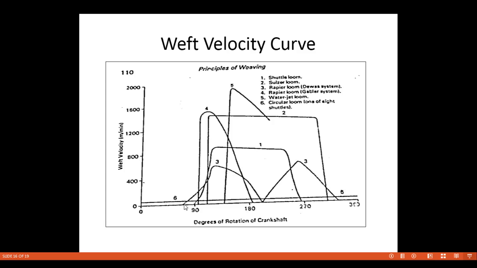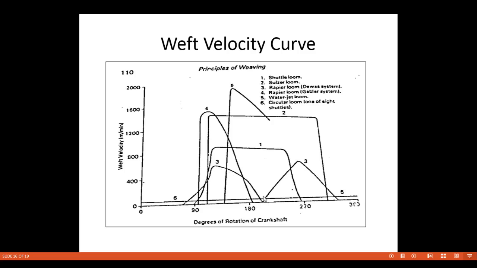As the weft is gripped here, the velocity increases, and as the weft reaches the center of the machine, the rapier becomes slow. Initially the rapiers run fast, and as they start reaching the center of the machine, the speed of the rapier reduces, and the speed of the weft reduces.